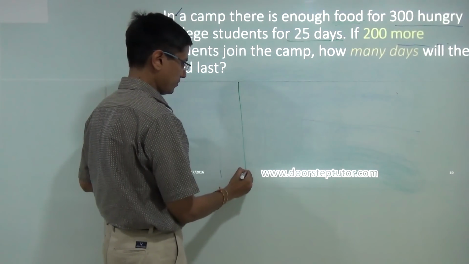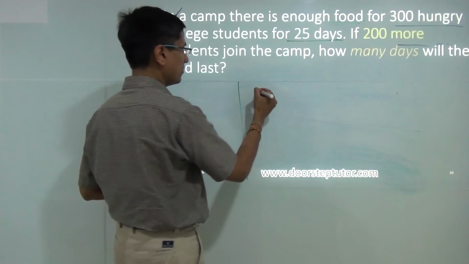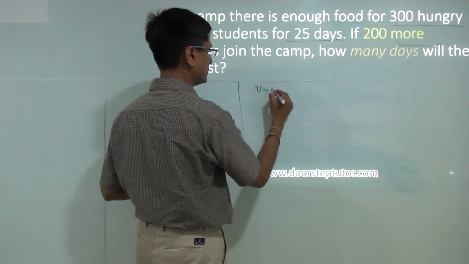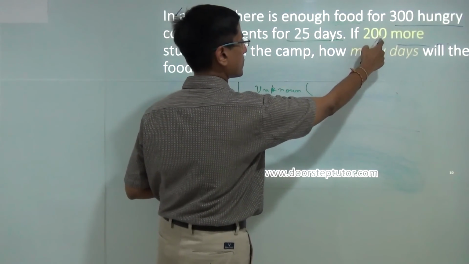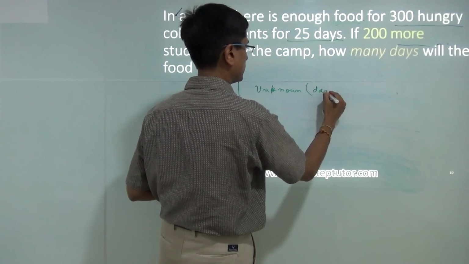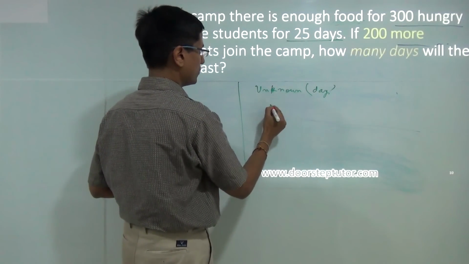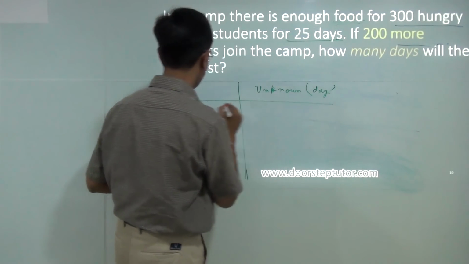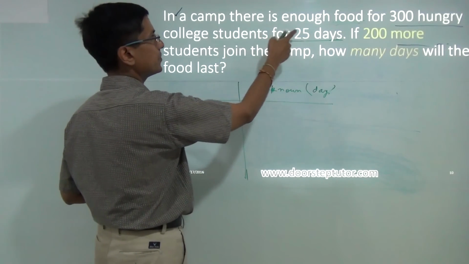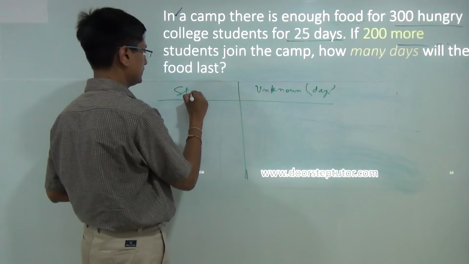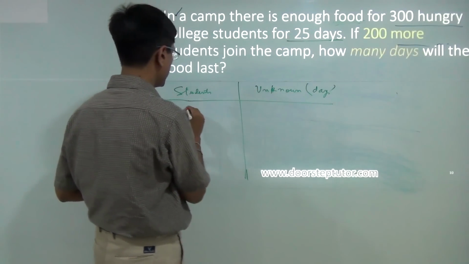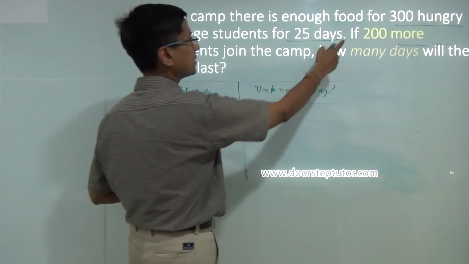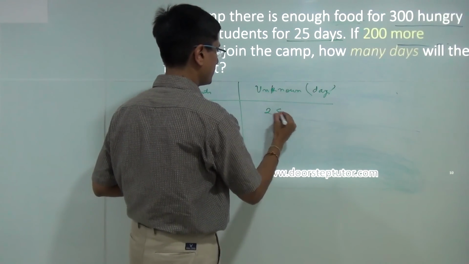We have put our unknown here, which is days, and our known value is students. That is our only variable. So there are 300 students and the number of days is 25.